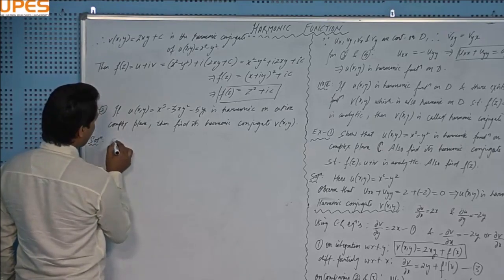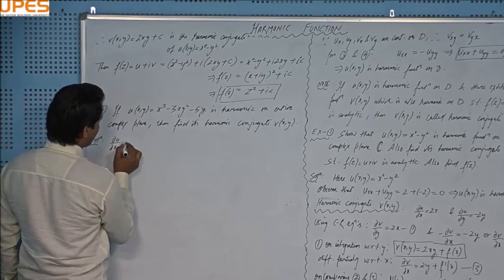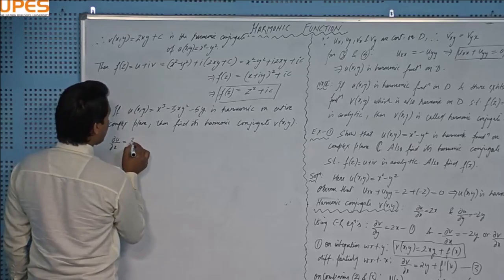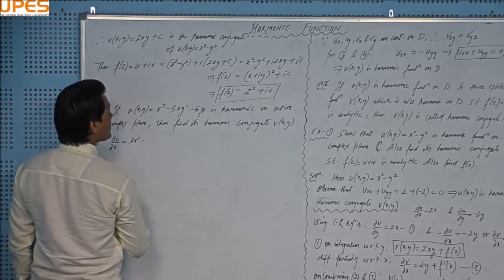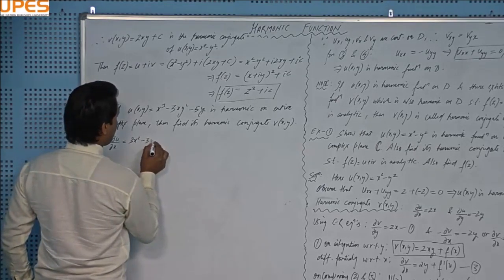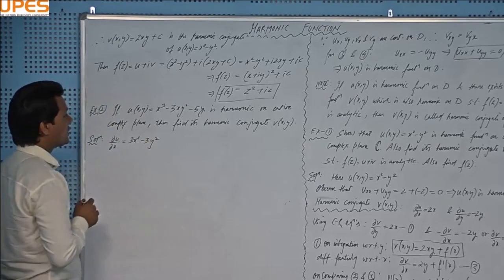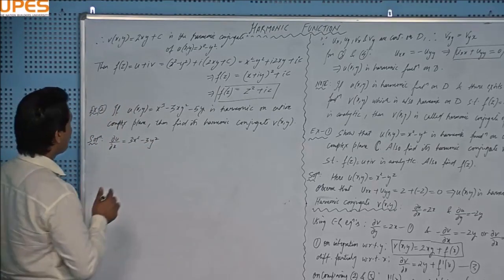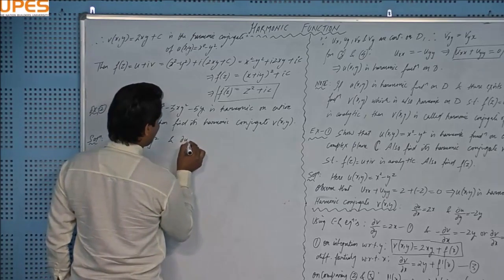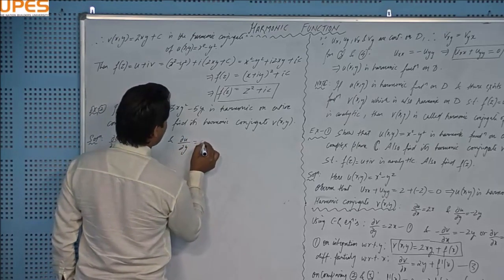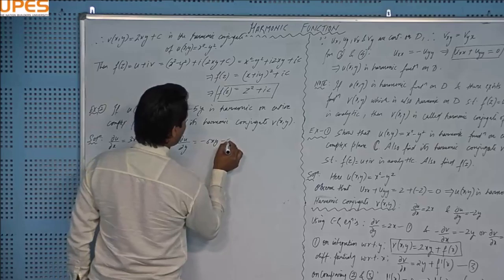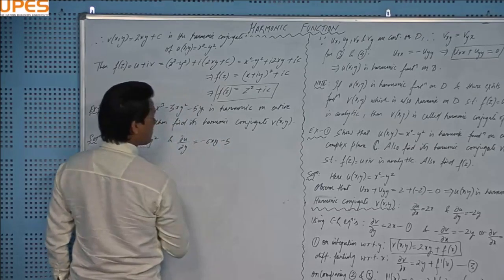You find del u over del x, that is equal to 3x square minus 3y square, right? Del u over del x will be this, and del u over del y will be minus 6xy minus 5, right?